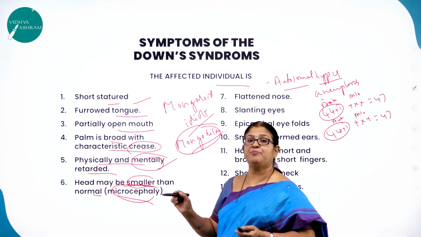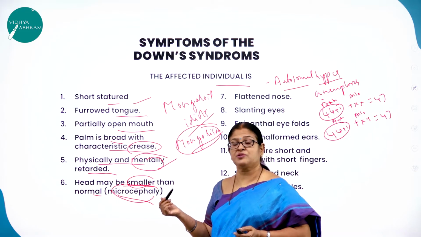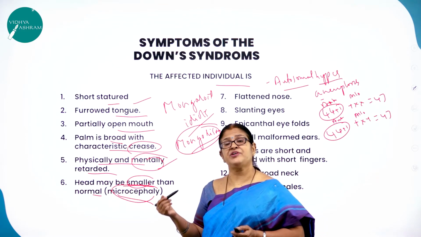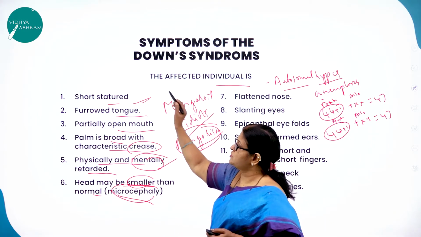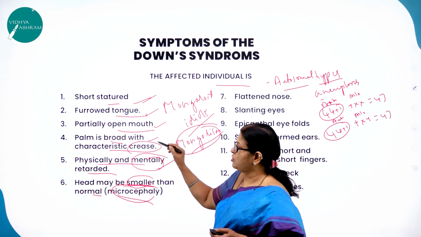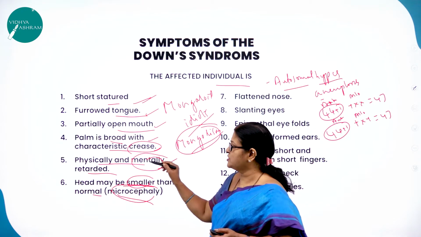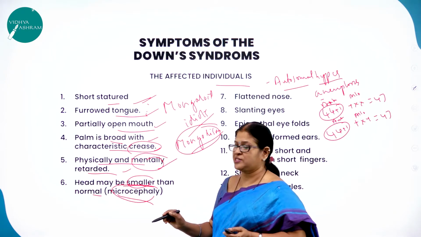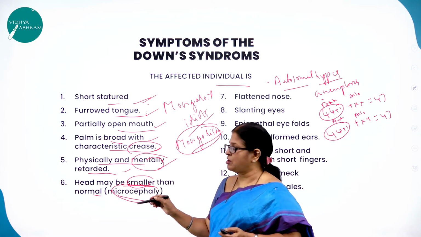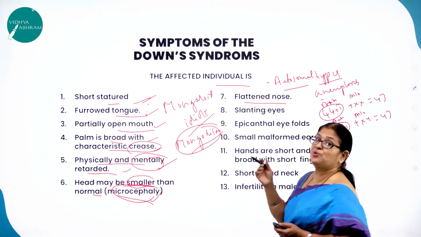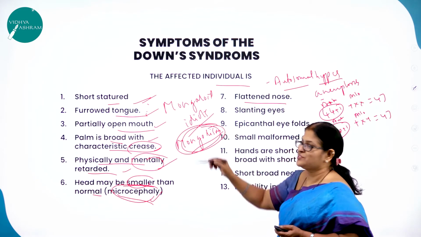This is a very common question asked in the exam: What is Down syndrome? What are the characteristic features of Down syndrome? Short stature, furrowed tongue, partially open mouth, palm broad with characteristic crease, physically and mentally retarded. Physically also, that is why they have short stature. Head may be smaller than normal, hence the word microcephaly. Then flattened nose, that is why you call them Mongolism.